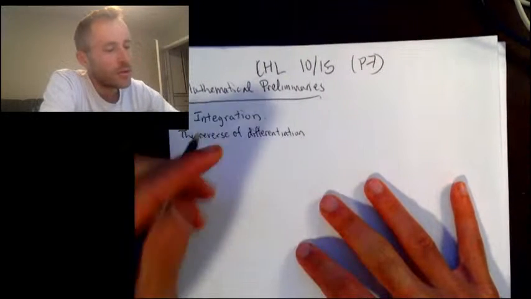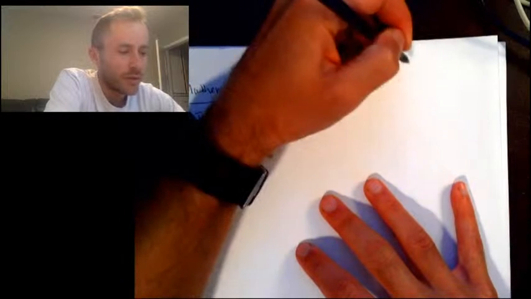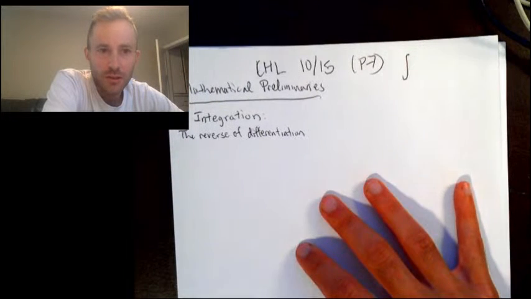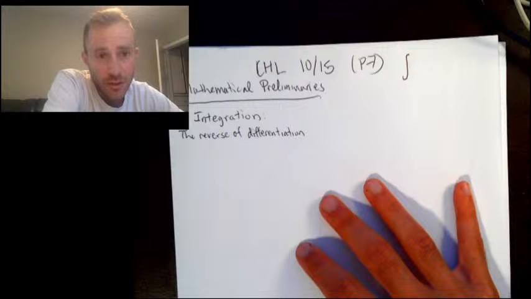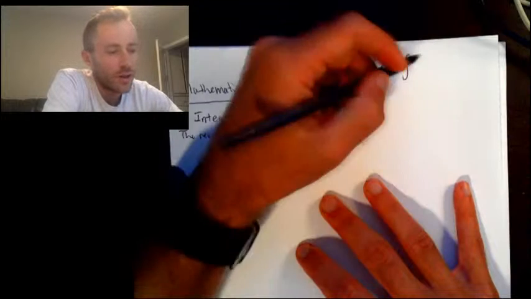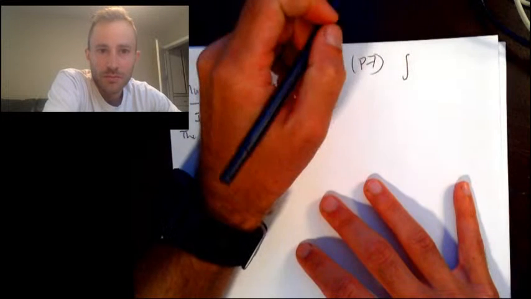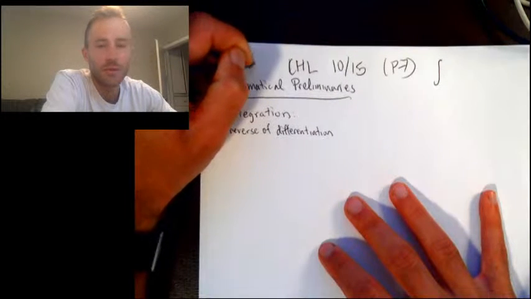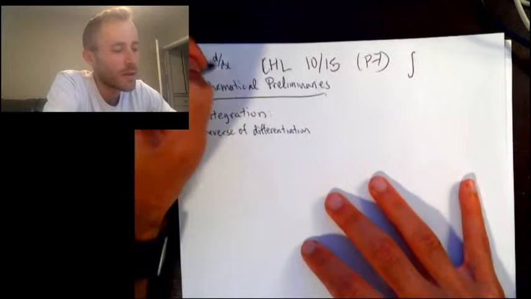It's kind of like a stretched out S. Actually, it is a stretched out S. That's where it comes from. That's the symbol for integrating, just like d/dx is the symbol for differentiation.